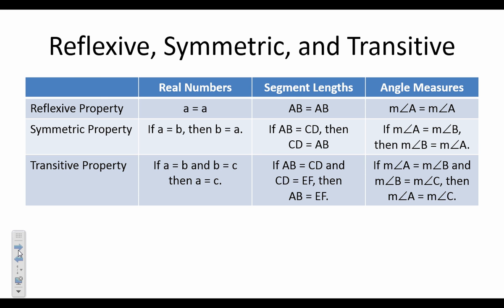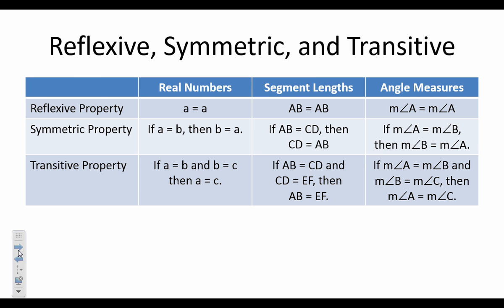For segment lengths, it means that if the distance between A and B equals the distance between C and D, then the distance between C and D is equal to the distance between A and B. And as far as angles are concerned, if the measure of angle A equals the measure of angle B, then the measure of angle B equals the measure of angle A.